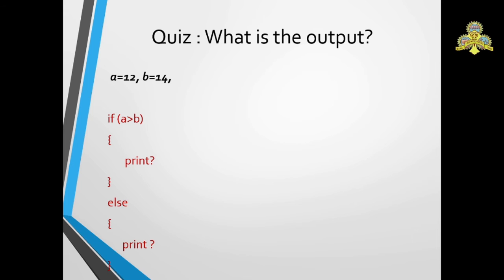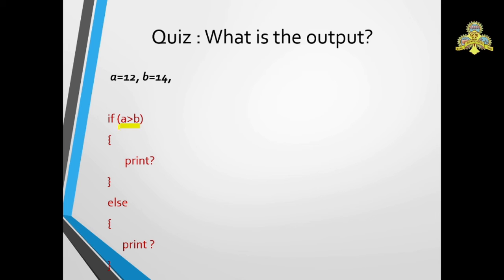Hello students. Now you will get a quiz question. You have to find the output for this particular snippet. The variable values are given here: A equal to 12 and B equal to 14. Now place these two variables in this test expression. If A is greater than B, you have to print the value of dash, or else you have to print the value of dash.